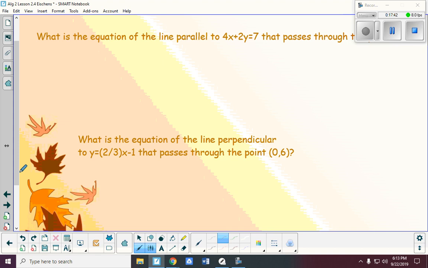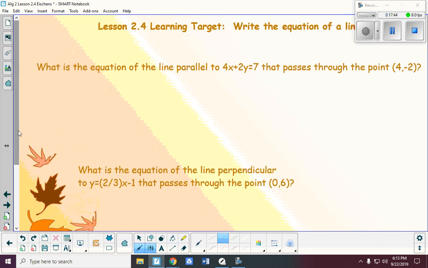All right, there are just a couple other examples here. In this problem, it says we want to write the equation of the line that's parallel to this 4x plus 2y equals 7 that passes through the point 4, negative 2. Well, we know it goes through the point 4, negative 2. And if it's parallel, it has the same slope, but this equation is not in slope-intercept form. So before we can work with this, we need to solve for y here to get this in slope-intercept form.